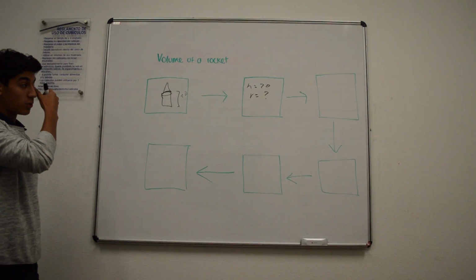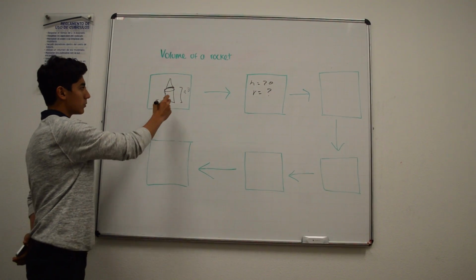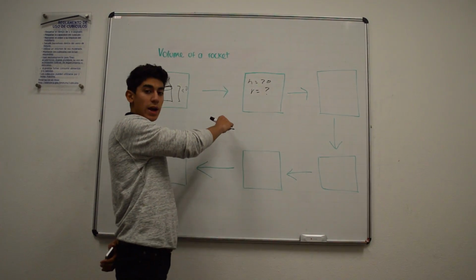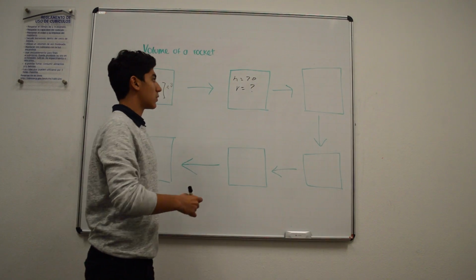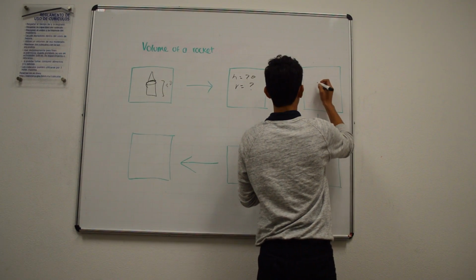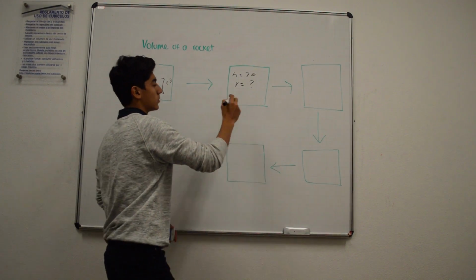So this is how we made our flow chart. We have our figure, which is a rocket. We have the cylinder and the cone. We know that the height of the cylinder is 20 and we don't have the radius. So we need to know both of the formulas to get the cylinder and the cone.